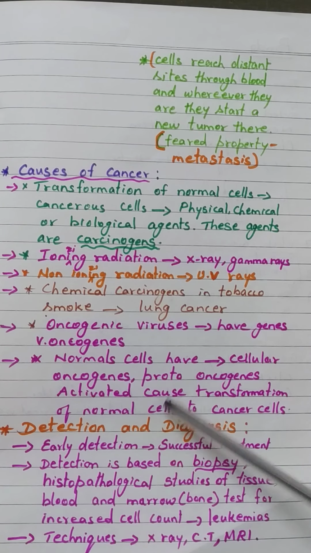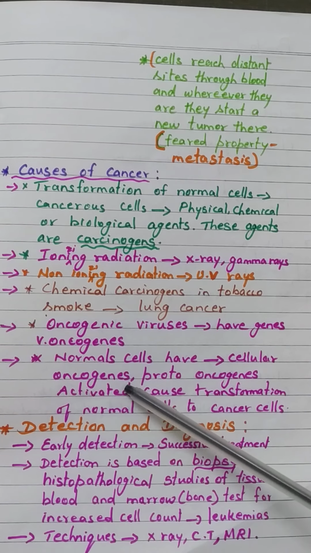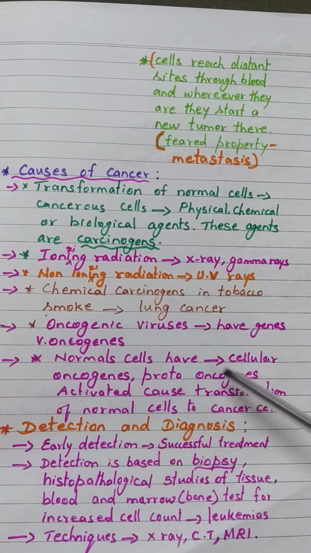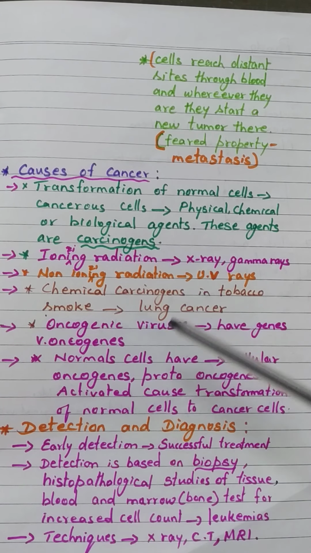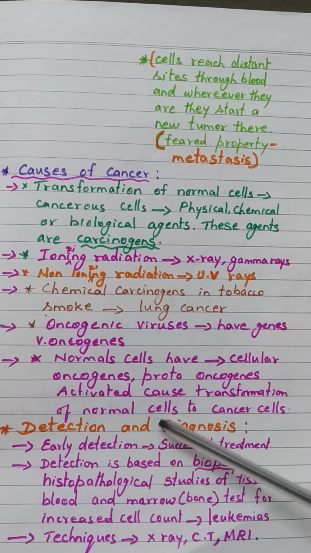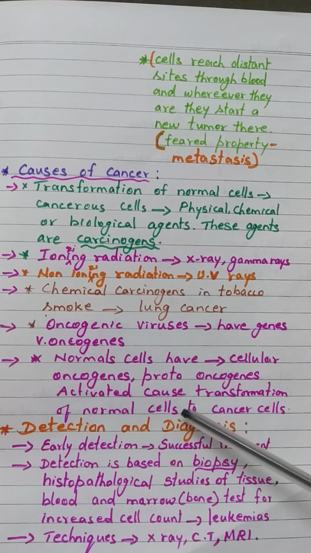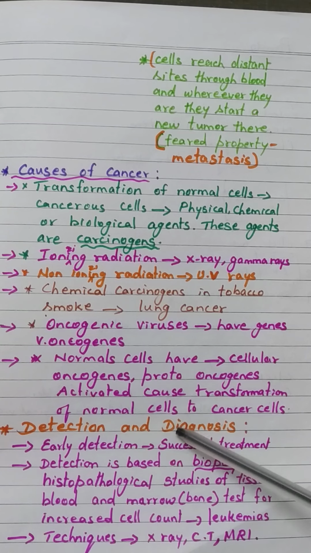When these cellular oncogenes and proto-oncogenes present in normal cells are activated under certain conditions, they could lead to oncogenic transformation of the cells.